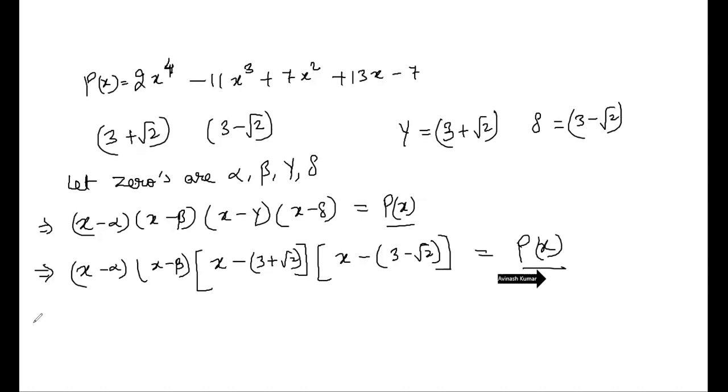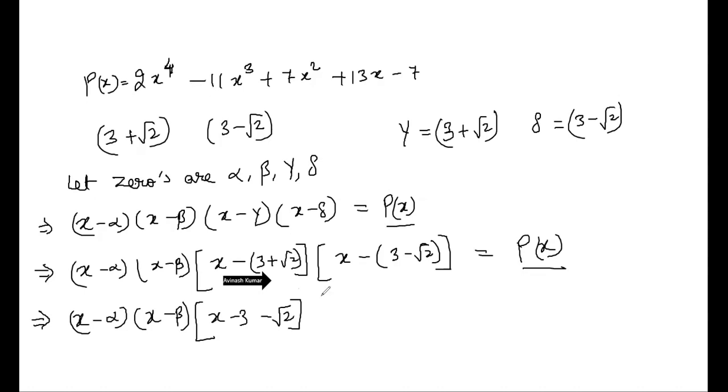Now look at what we do here. x minus alpha, x minus beta, as it is we will write. When you open the bracket here, it will become x minus 3 minus root 2.